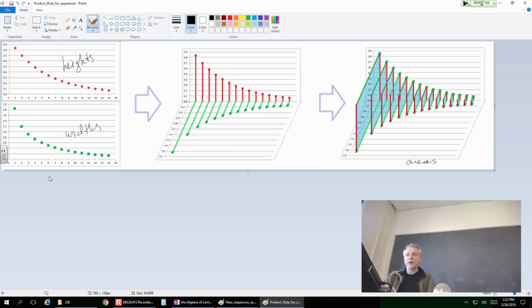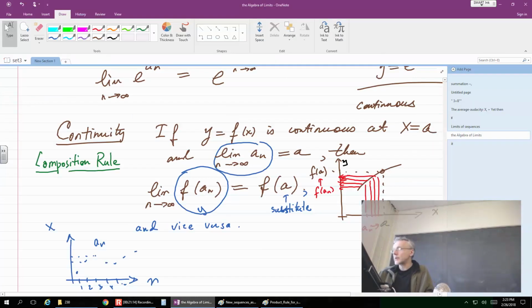Here you can see how I take this one and that one and multiply them, and I end up with this very first rectangle. So the first element with the first element, second with second, and so on. I'm forming what amounts to a new sequence. If a sequence is formed that way, we can say something about its limit in terms of the limits of those two building blocks, whether it is about addition, subtraction, multiplication or division.